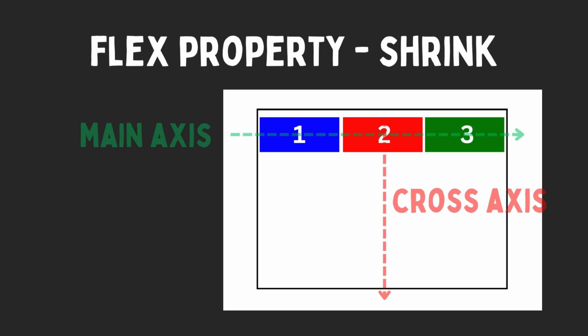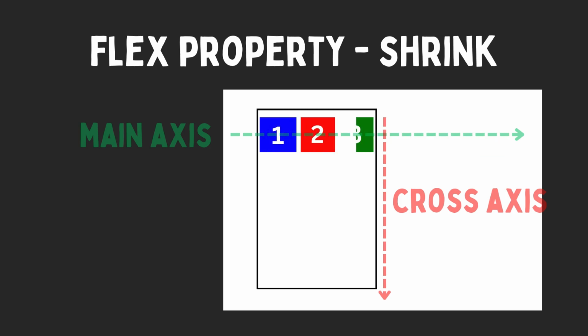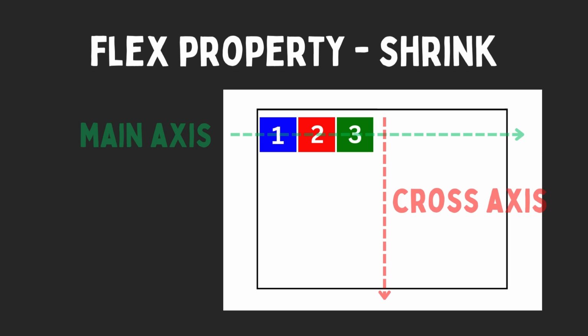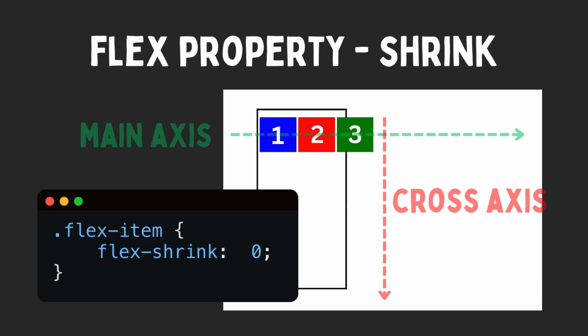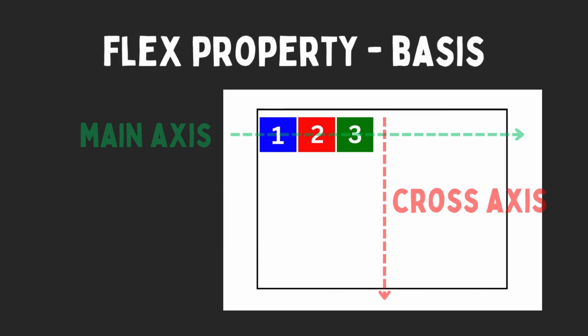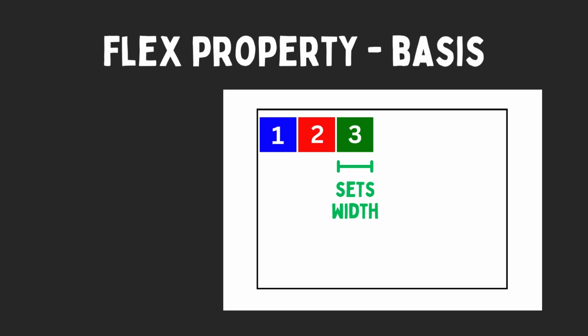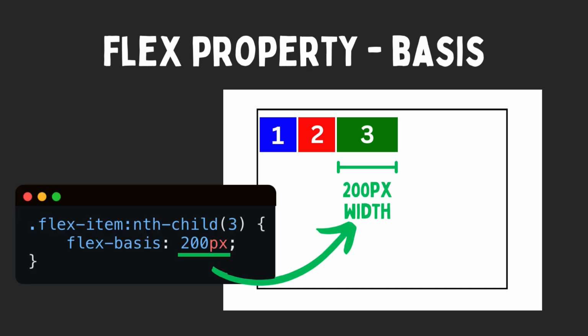Flex shrink determines how much an item shrinks when space is limited. If you set it to 0, the item won't shrink, even if there isn't enough room. Flex basis sets the starting size of an item before growth or shrinkage is applied. For example, setting flex basis 200 pixels ensures the item starts at 200 pixels wide.